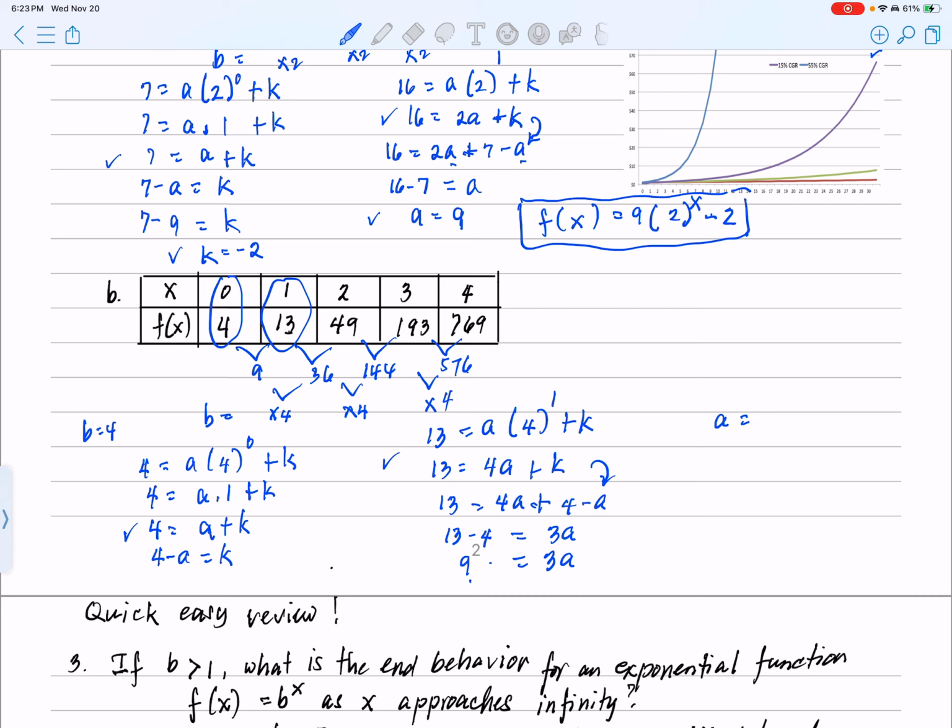So A is equal to 3. So we have the value of A. We can now solve the value of K. That would be 4 minus 3. So K is equal to 1. So we can now write our function f of x equals A is 3, B is 4 to the power of x plus 1, which is our value of K. So this is the equation.